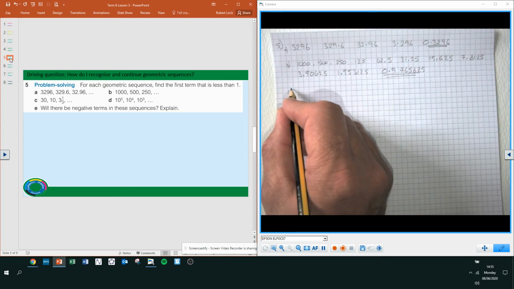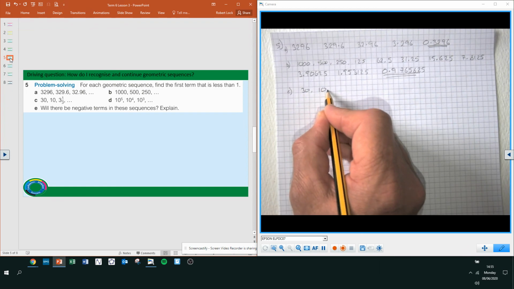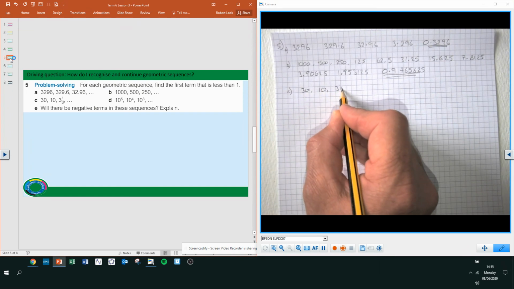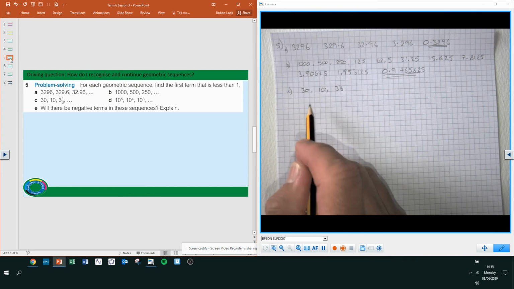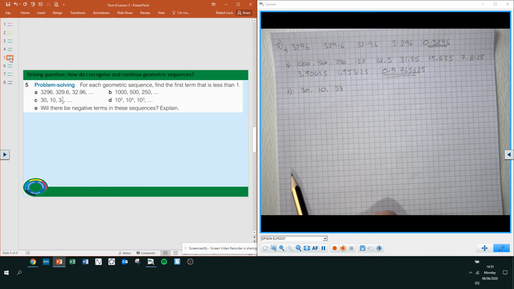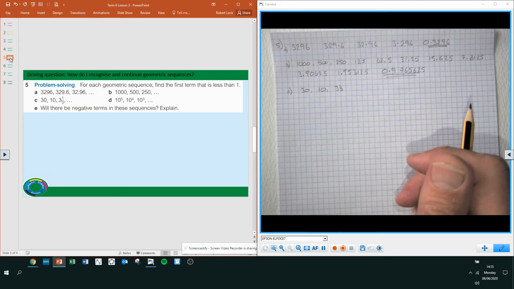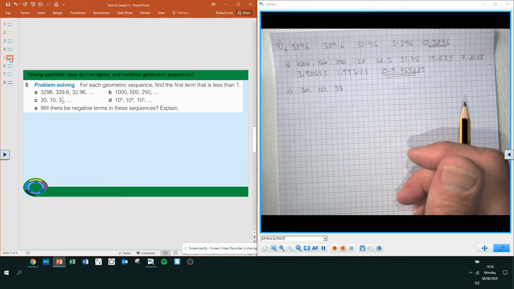So B, C. 30, 10, 3 and 1/3. From 30 to 10, divide by 3, or times by 1/3. Times by 1/3.